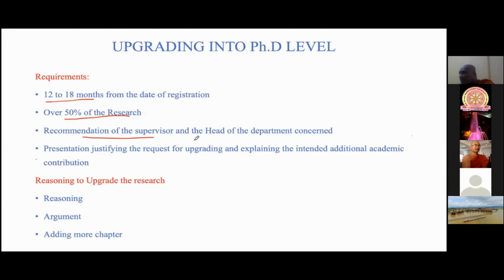So this one is very important. When you are discussing your research with a lecturer, you must say, I will do my research at PhD level, I want to do it. You must clearly mention it.